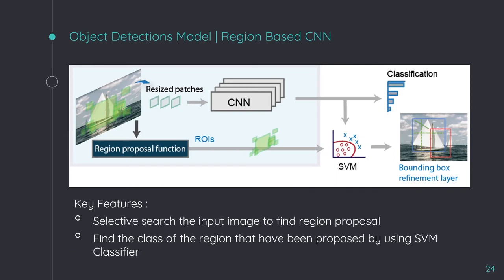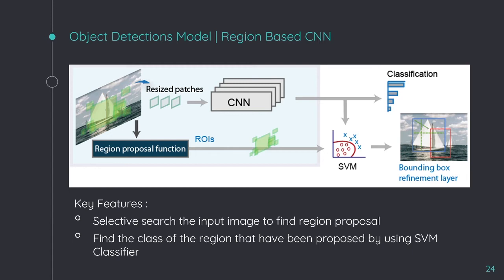Okay, so after we learn about the types of architecture of the object detection model, now we can continue with some examples of object detection models that can be used. The first one is the region-based convolutional neural network, or we can call it R-CNN.